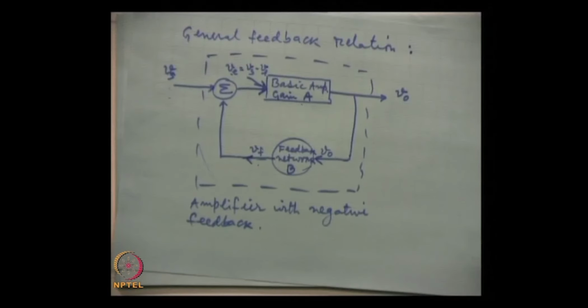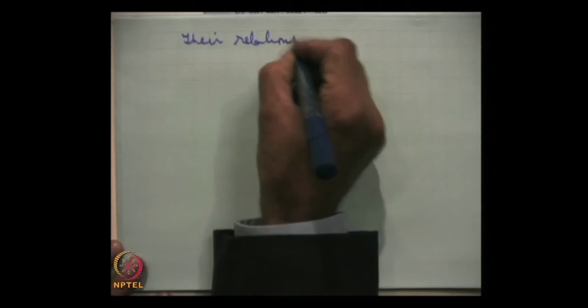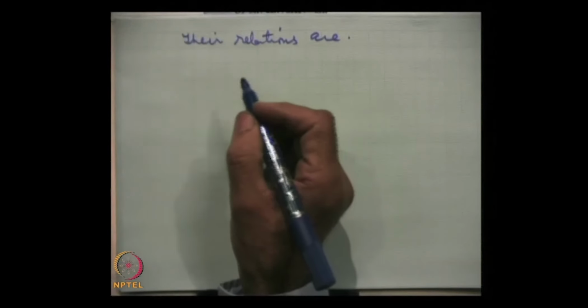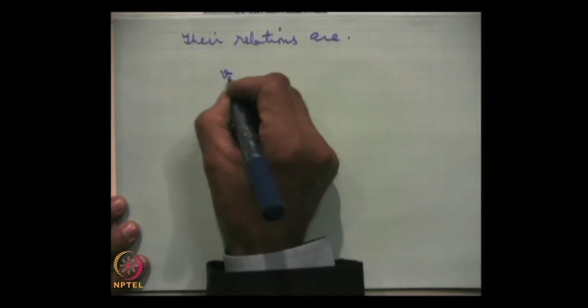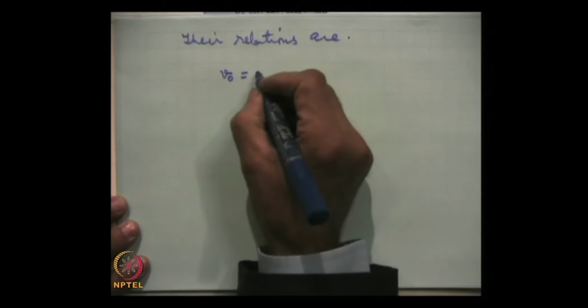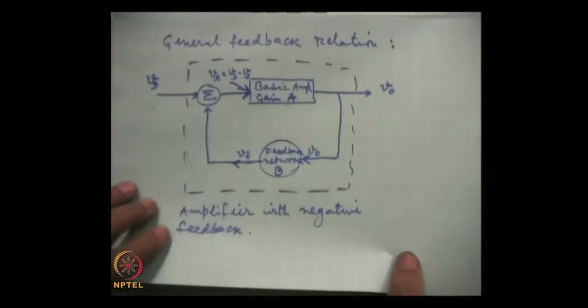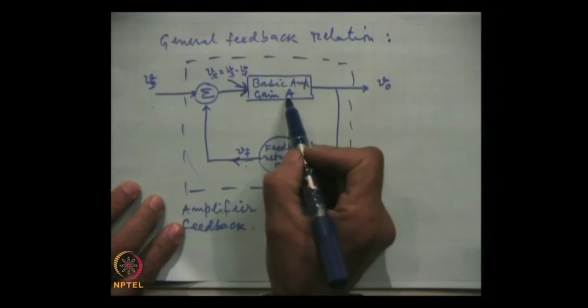Now, what are the relations which exist among these various quantities? Remember this circuit and we can see this. Their relations are: V0 is gain into Ve. For this amplifier, A is the gain.